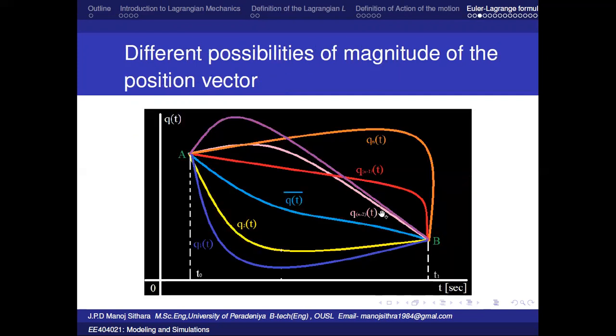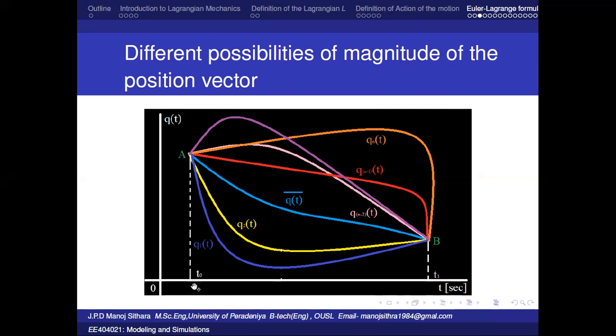Let us consider an object moving. This is the magnitude of the position vector as a variable function of time.